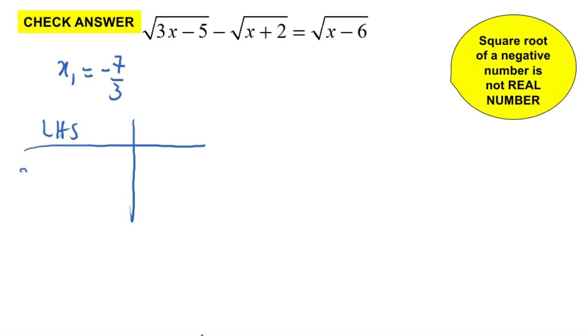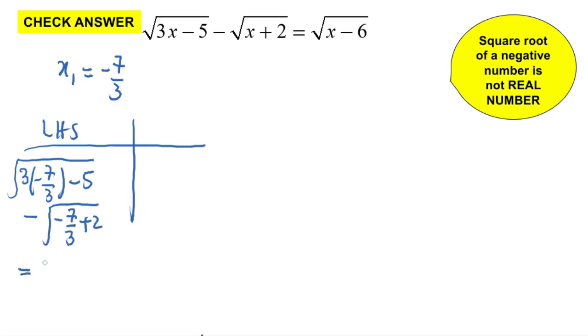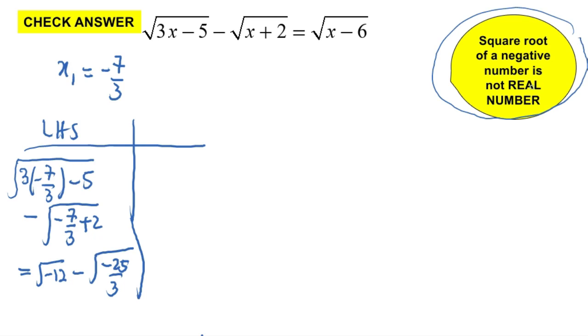Replace x with negative 7 over 3, minus negative 7 over 3 plus 2. Simplifying this, you're going to get cube root of negative 12 minus cube root of negative 25 over 3. But remember, square root of a negative number is not a real number. So there is no solution for the left part.